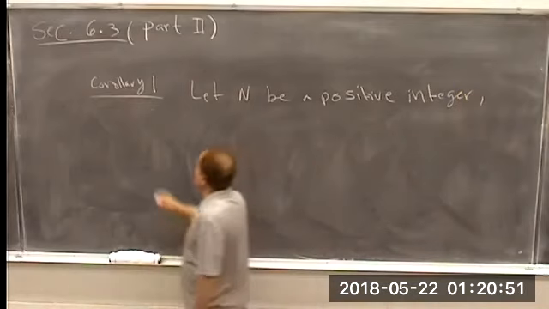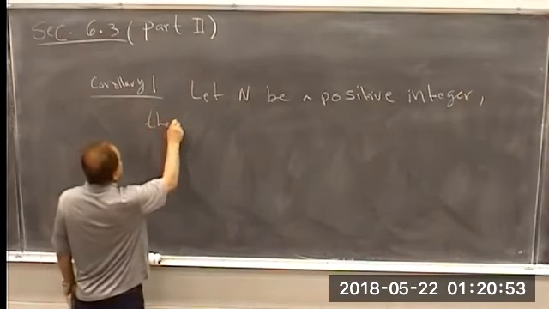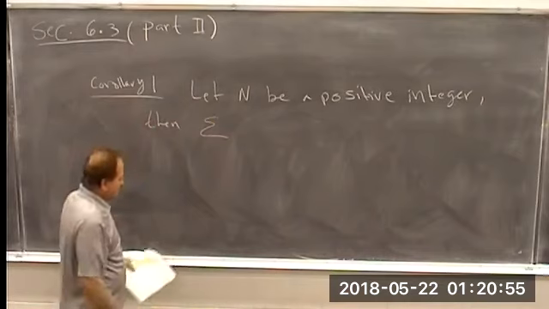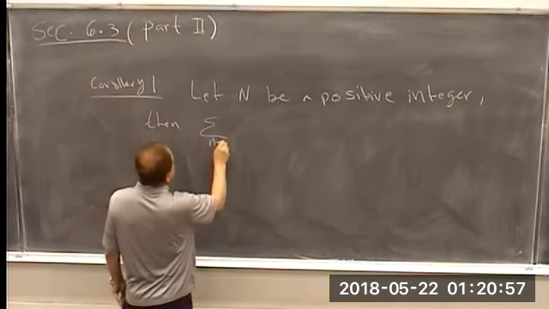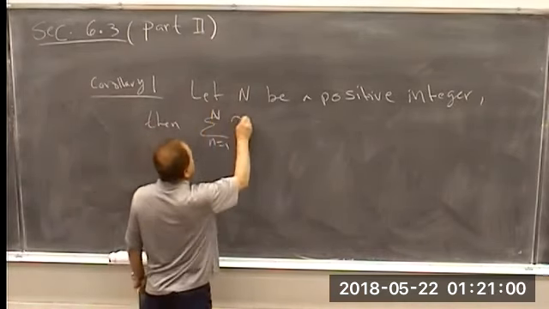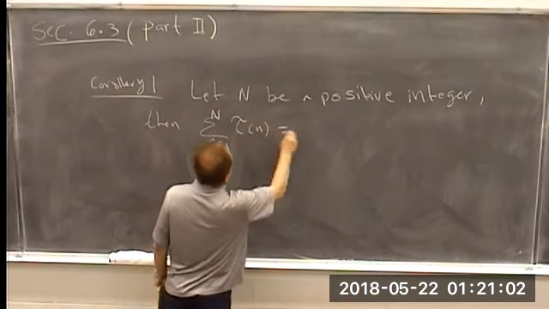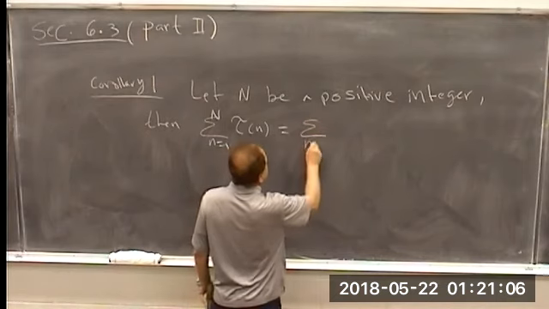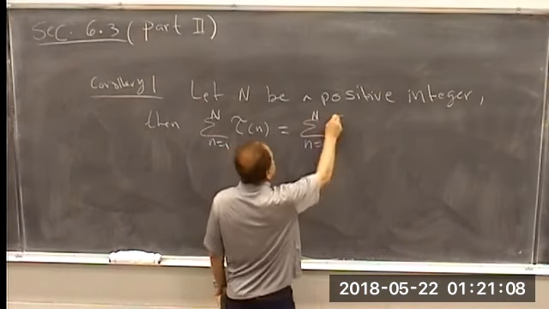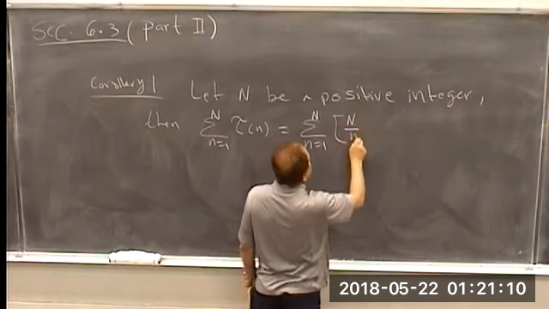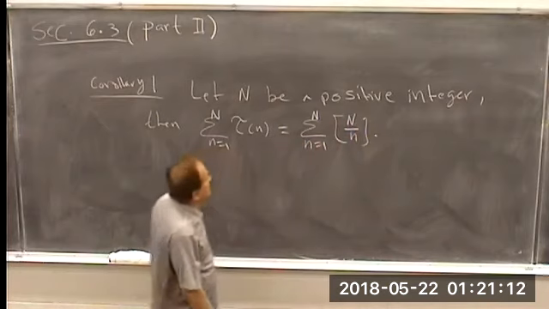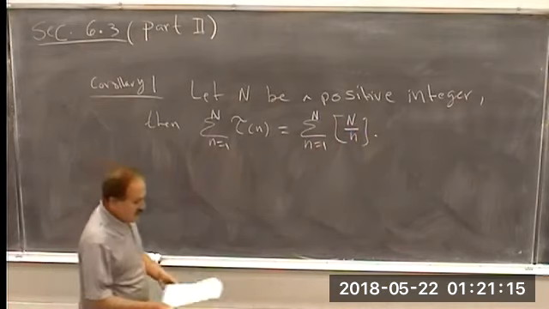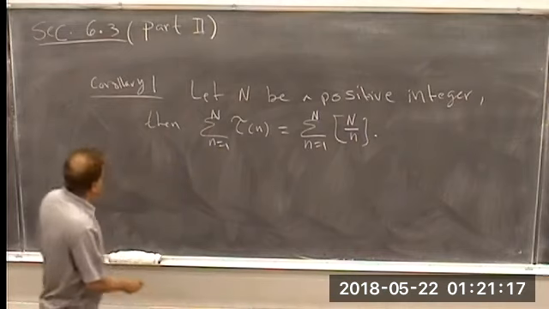Then the sum of tau of n for n equal 1 to capital N is the same as the sum of N over n for n equal 1 to capital N. And the proof of this is very, very straightforward.